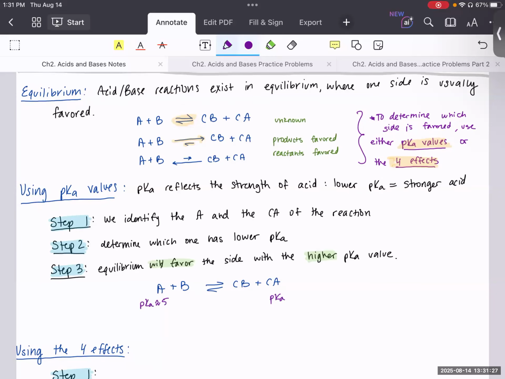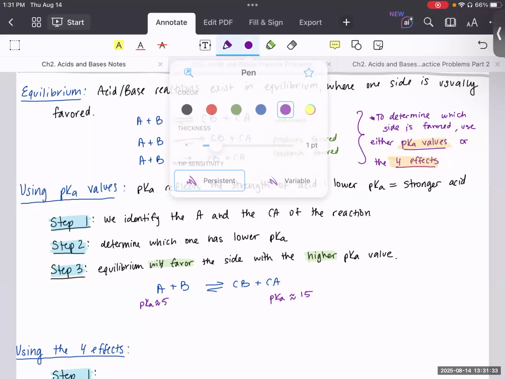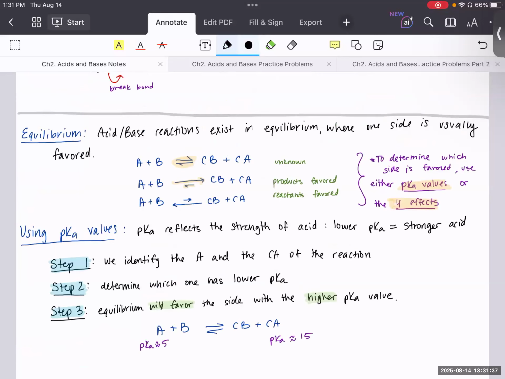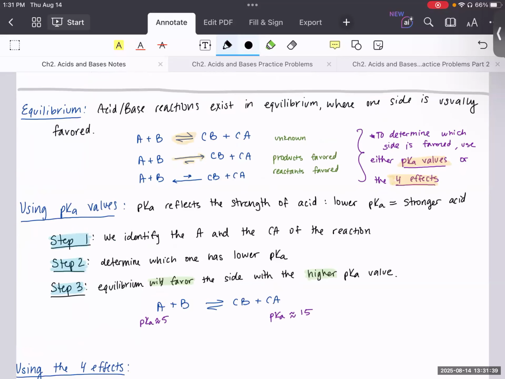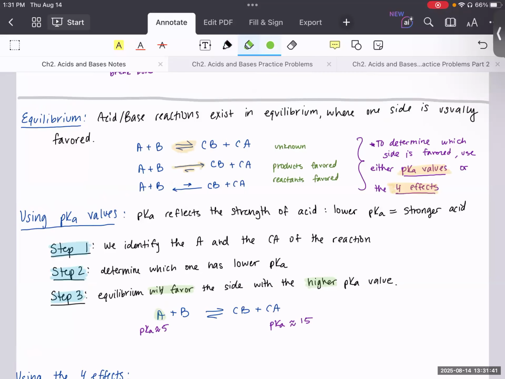And let's say the pKa of this acid is around 15. So if we're looking at this acid right here, if we have the lower pKa, a lower pKa means stronger acid.